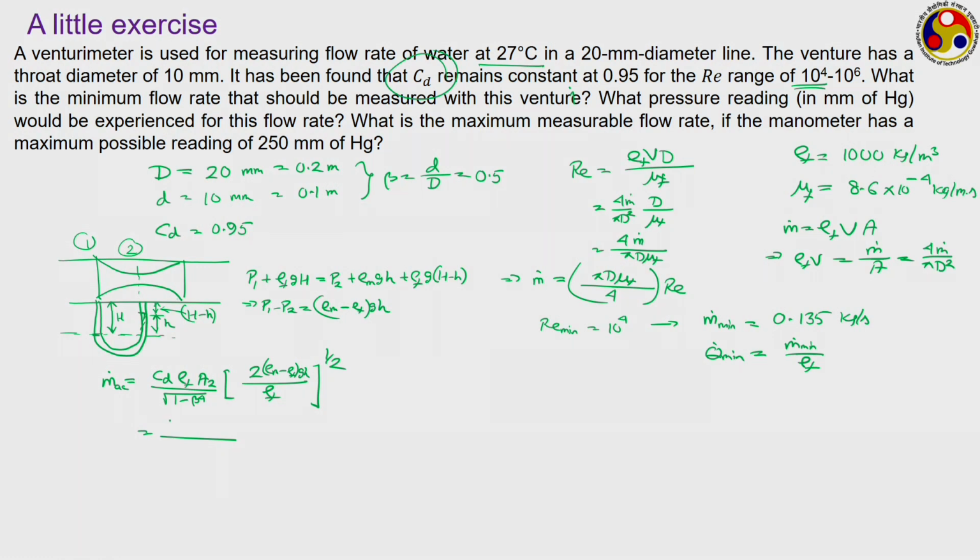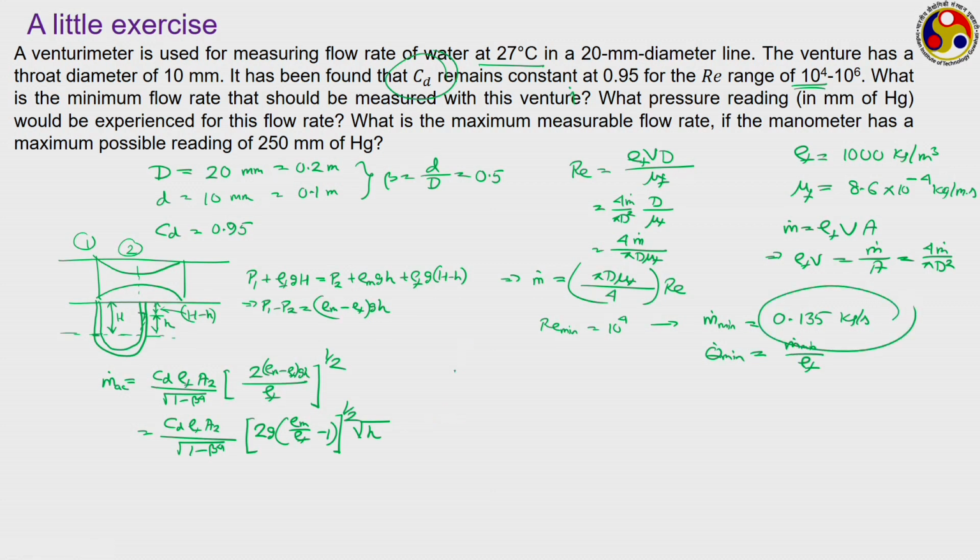Here I have written C2 mistakenly, it should be CD. So, it should be CD into rho f A2 to the power 1 minus beta to the power 4 into 2 g into rho m upon rho f minus 1 whole to the power half into square root of h, and we have to find the h corresponding to the m dot minimum, which is this value.